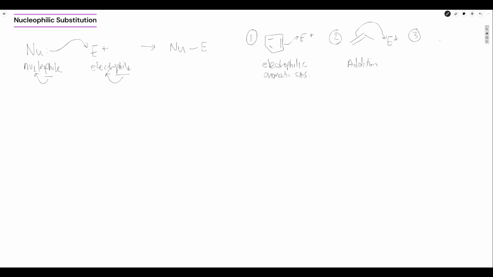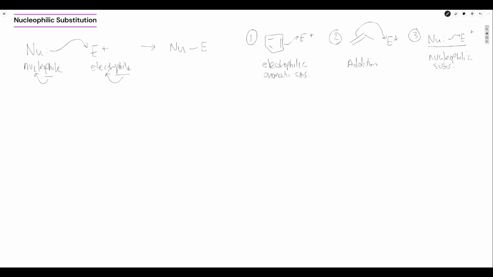The third is when the nucleophile is a lone pair, which is what we're covering here. And this is generally the province of nucleophilic substitution. This is what we're going to be focusing on in this series of videos on the subject.